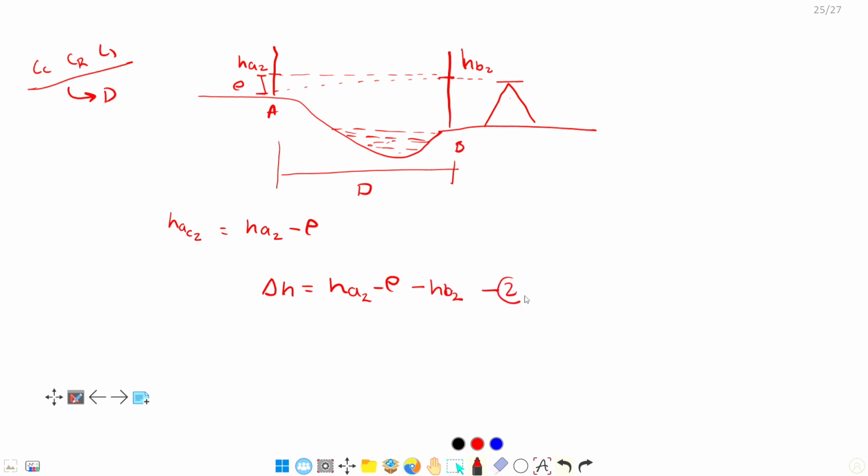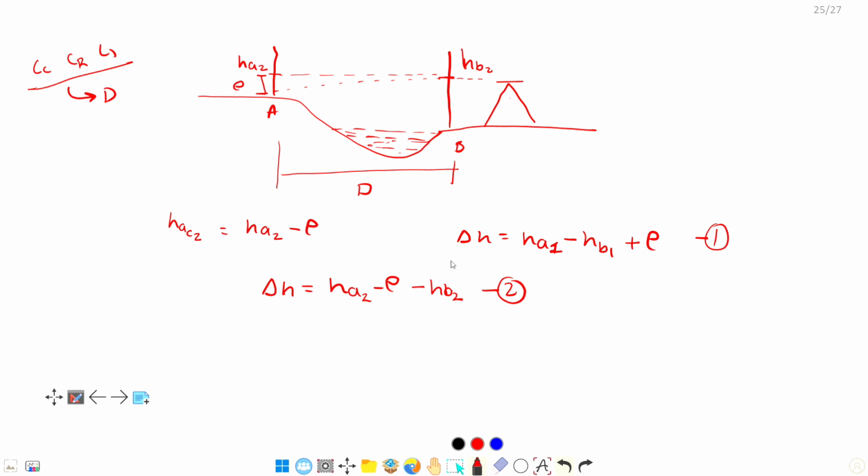So this is equation 2. From equation 1, what have we got? Del H is equal to HA1 minus HB1 plus E. This is what we get from equation 1 and this is what we get from equation 2.